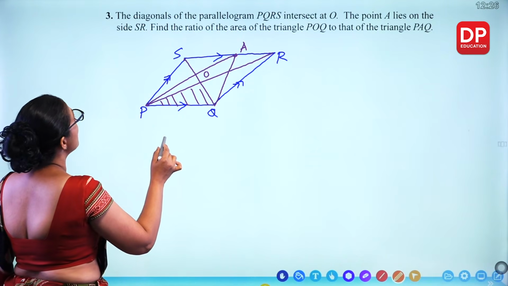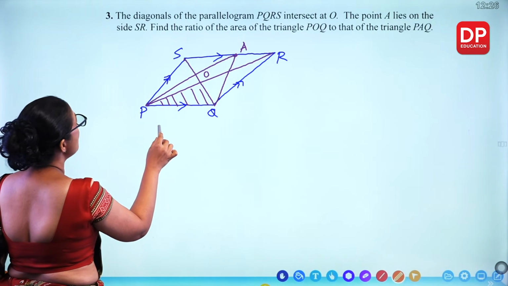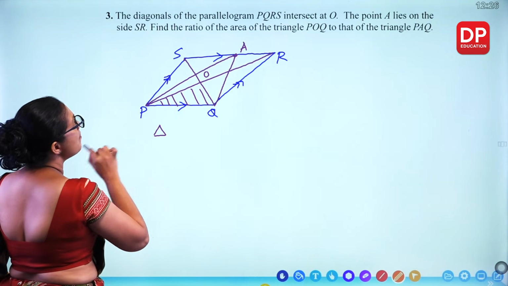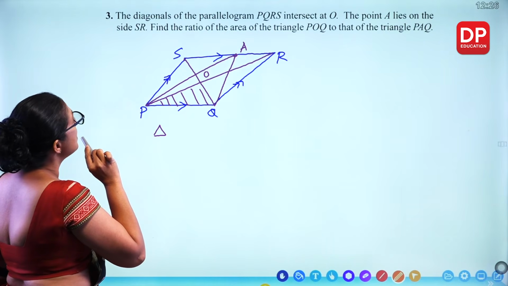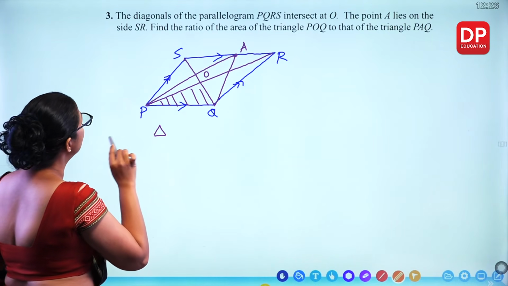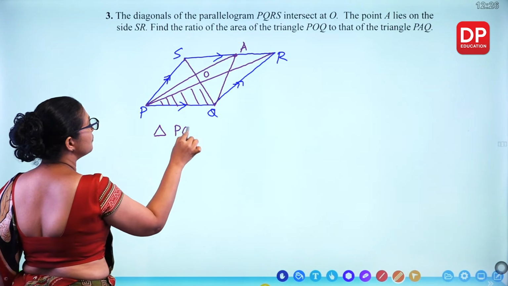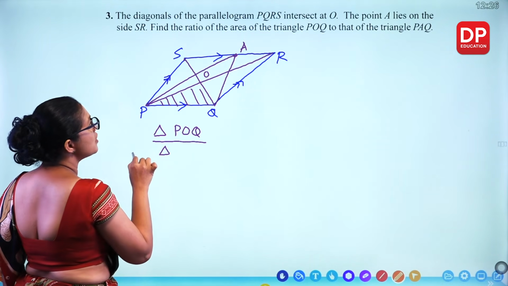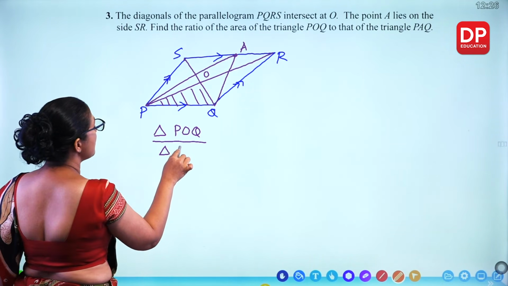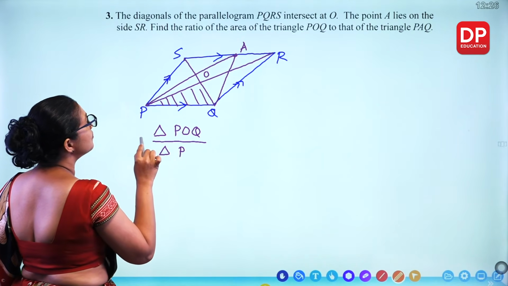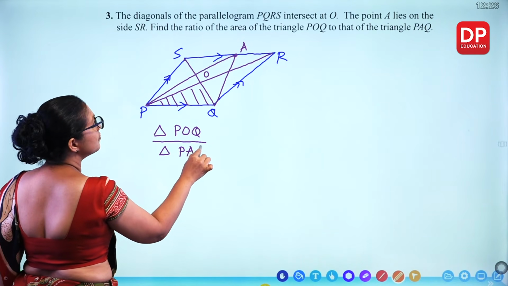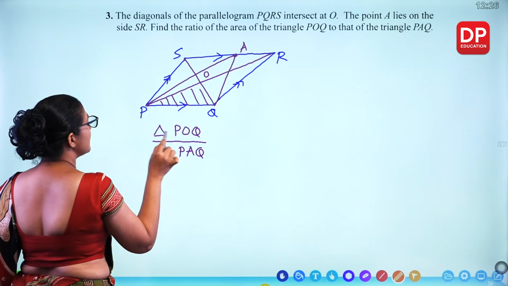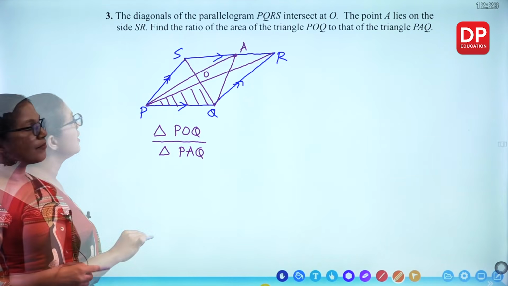So we'll write down what we need to find out: the ratio between area POQ and area PAQ. That's what we need to find.